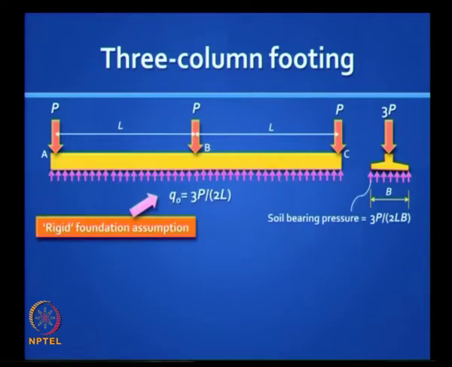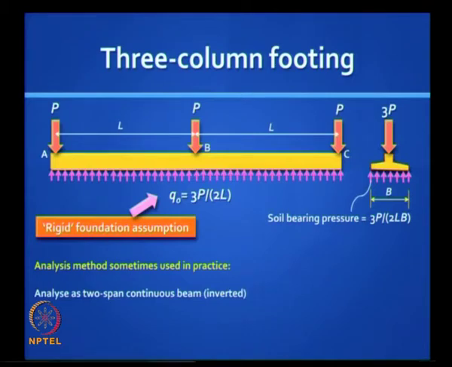And if you want to treat it like a beam, then in kilonewton per meter you can multiply that soil pressure by B again, and you get a uniformly distributed load acting upward, right? So this is called the rigid foundation assumption. The assumption is the foundation is so rigid that you can ignore the deformations in it, it will move together as a whole.